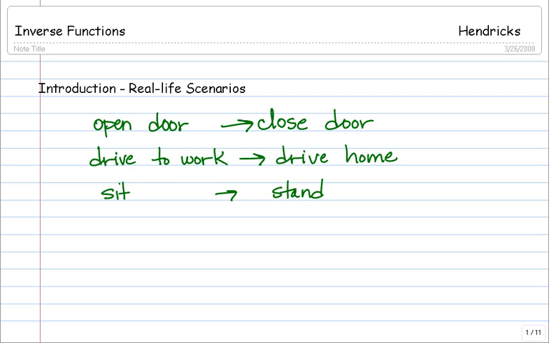Now, are there things that we can perform that we cannot undo? So let's talk about that for just a minute. So if we have our operation that we performed and the thing that we had to do to undo it.